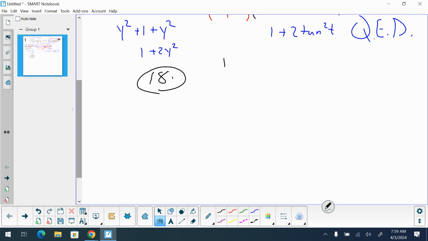We have 1 over 1 minus sine of r is equal to secant squared of r plus secant r tangent r. Now, I'm going to go through a way of going through the problem and how in my brain it's a little bit easier for me to see.